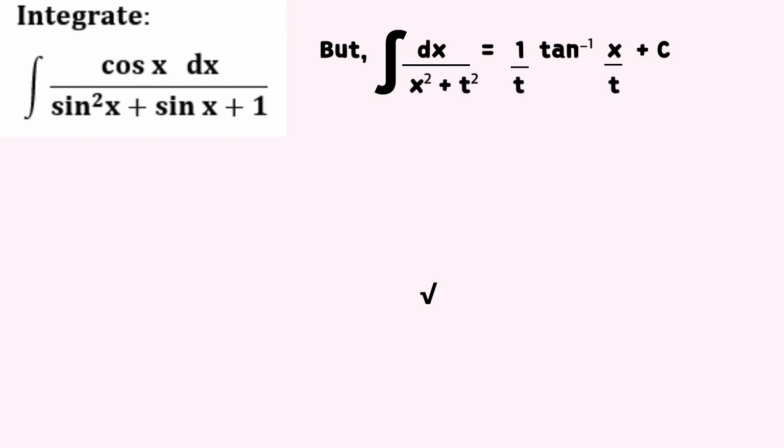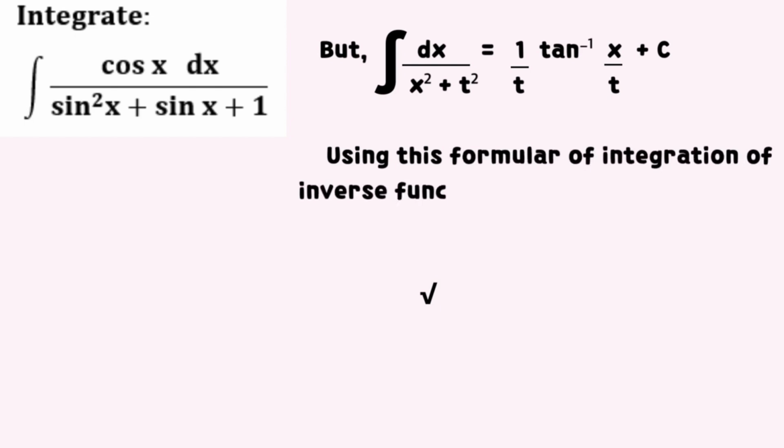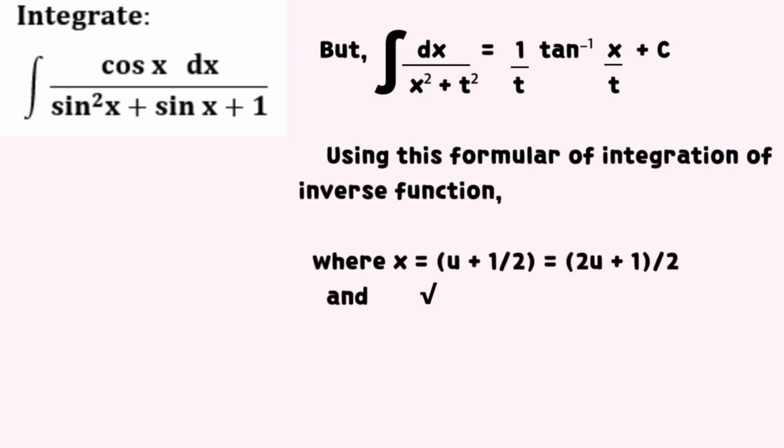In general, the integration of inverse of the square of x and the square of a constant term t equals the product of the reciprocal of t and tan inverse of x divided by t plus the constant term c. With this formula shown, we use it to simplify our work.